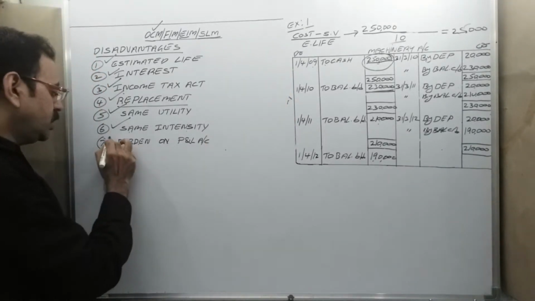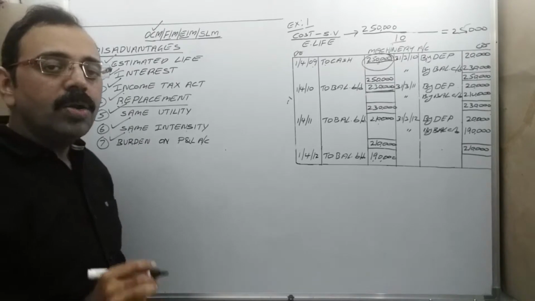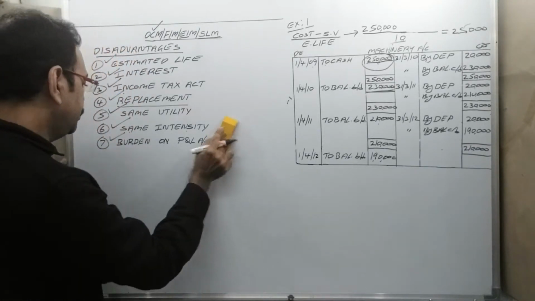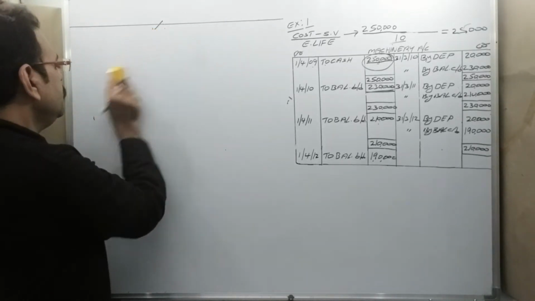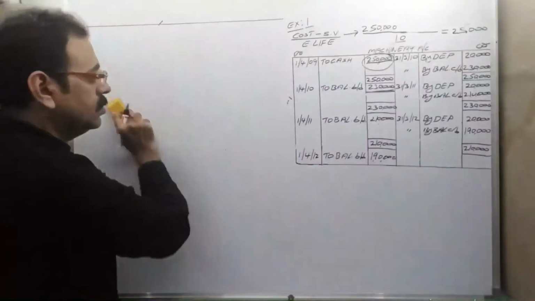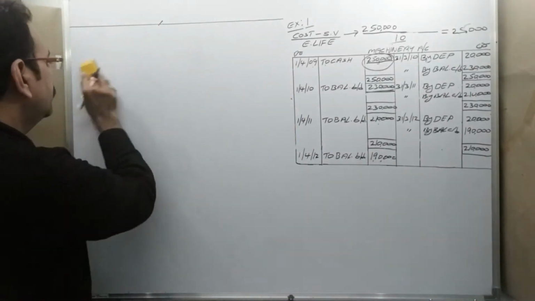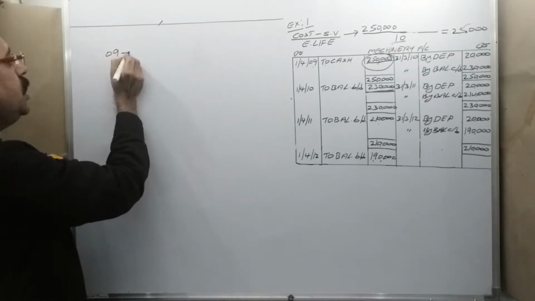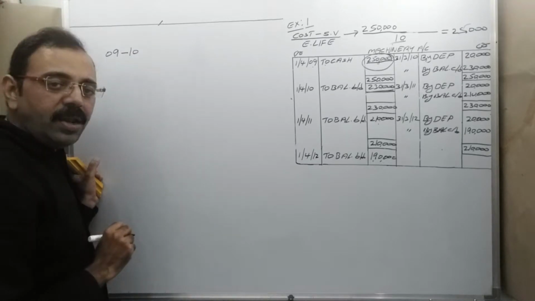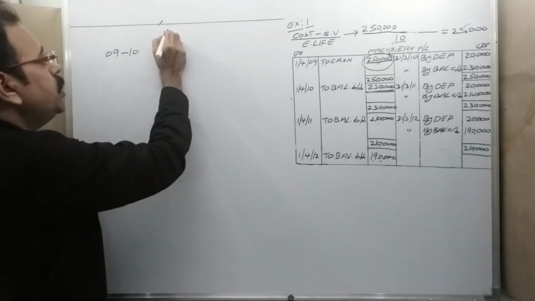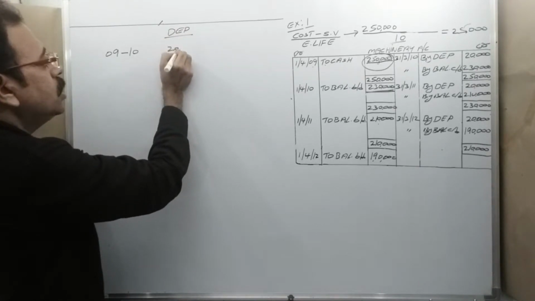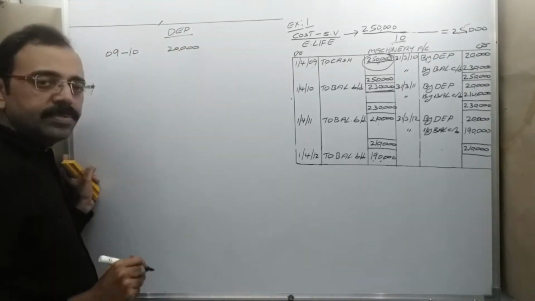Then, next disadvantage is burden on profit and loss account. Means what? Observe. See, in present problem, first year is 2009 and 10. Depreciation amount for first year is 20,000 rupees.